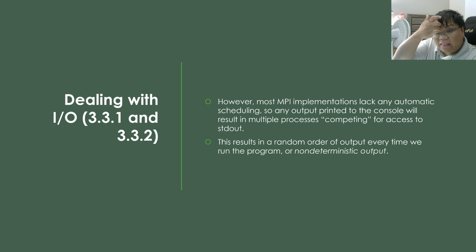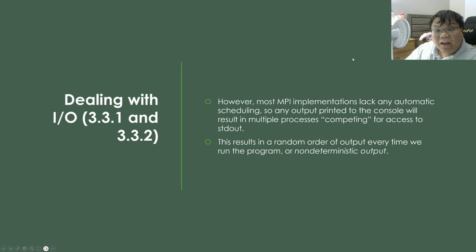This is non-deterministic output. All the processes in a communicator have access to printf. They'll just print at whatever time the CPU scheduler deems appropriate, and there's no way to predict what that's going to be. There's no rhyme or reason as to the order in which processes do their output.